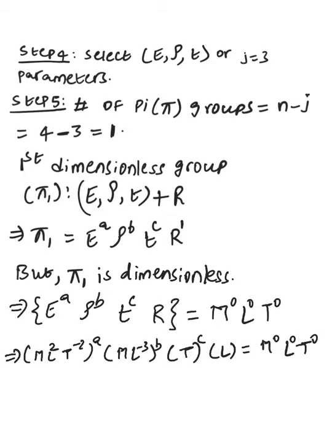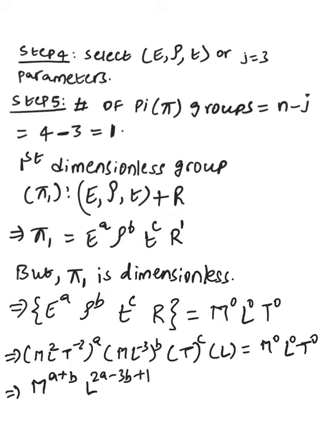So the first one will be M raised to the power of a plus b. For L, you have 2 into a, which is 2a, minus 3 into b, which is minus 3b, and there is only power 1, so let's add that, plus 1.